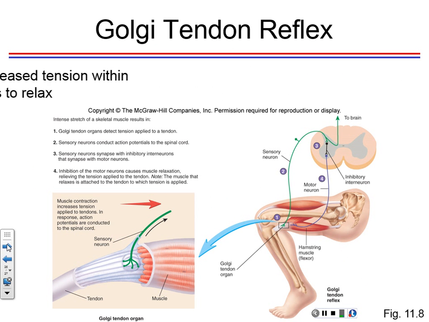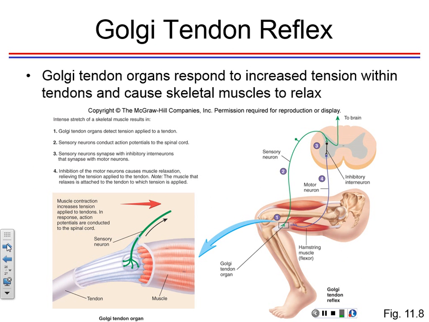The next example is the one that was in your little module, the Golgi tendon reflex. The Golgi tendon reflex is so-called because of the Golgi tendon organs, which are located where? In the tendons. Remember, we did that last time.